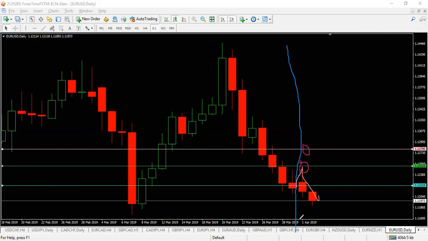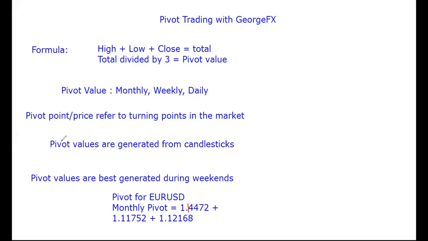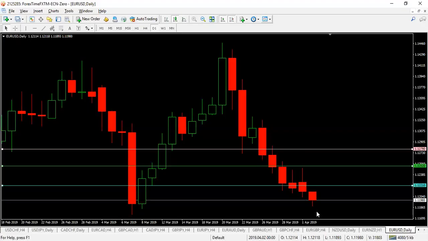From the definition, we said that pivot price or pivot point refers to turning points in the market. So that is what you have to hold on to. There is a clear reaction that you have to see on the chart at your pivot values. Is that clear? Since it's trading below, you are bearish.